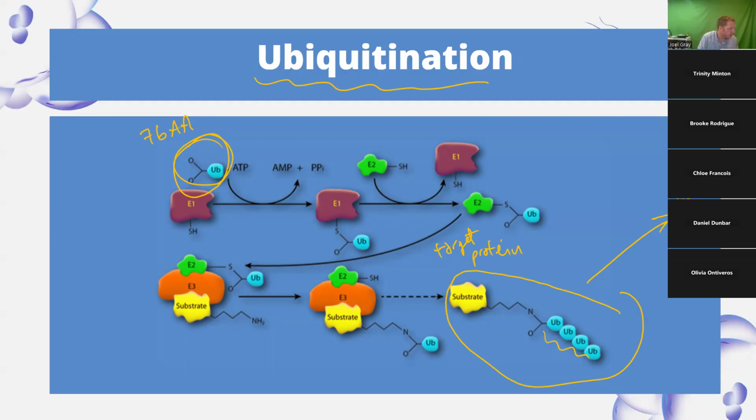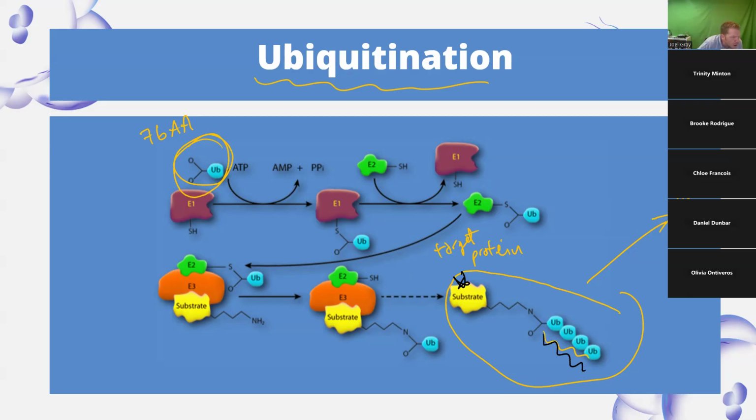So I'm going to put a star over the substrate. That's our protein that's going to get degraded when you have these four ubiquitins. Sometimes proteins get one ubiquitin added to them. Sometimes they get two. If they don't get four, chances are slim that they're going to be degraded. So that's why I say it's not only for digestion.